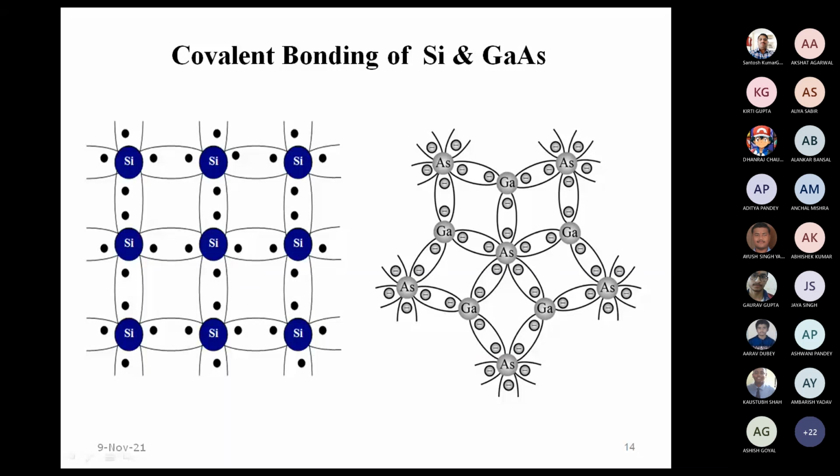So let us look at the highly used semiconductors, silicon and gallium arsenide, which is of course a compound semiconductor.